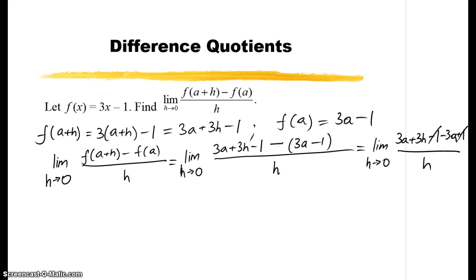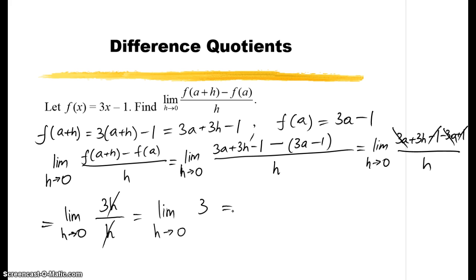And the minus 1 and the plus 1 will cancel, and the 3a and the negative 3a will cancel. So that gives me the limit as h approaches 0. Notice I'm still writing the limit all along of 3h over h. That's all that's left. Notice I can cancel the h's here, and that gives me something that I can evaluate.